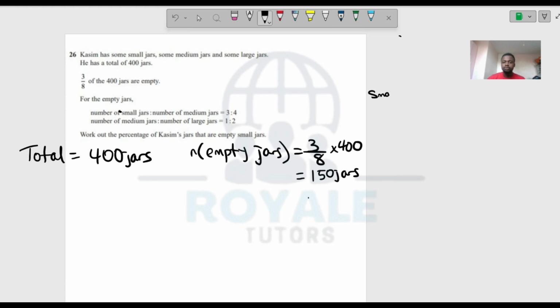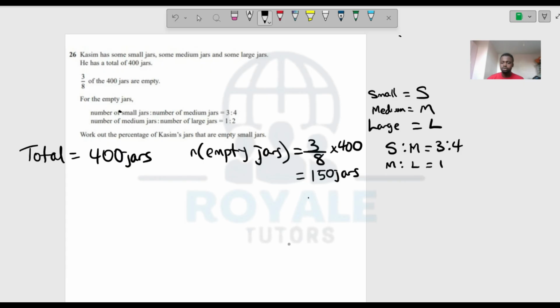Small jars we represent with S, then medium with M, and large with L. So the number of small to the number of medium will be 3 to 4. The number of medium to the number of large, that's 1 to 2.